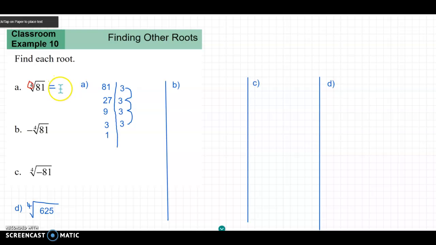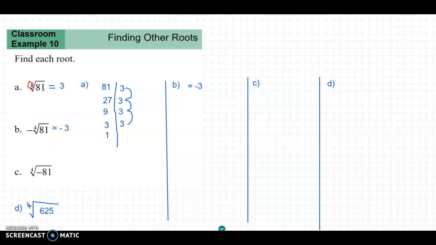So the answer here will be 3. In example B, we have the same value, the fourth root of 81, but negative. The only thing we need to do is write the negative sign, which is outside the root. We can write the negative outside, and the answer will be the same 3, because we already found this value. So for this case, it will be minus 3.